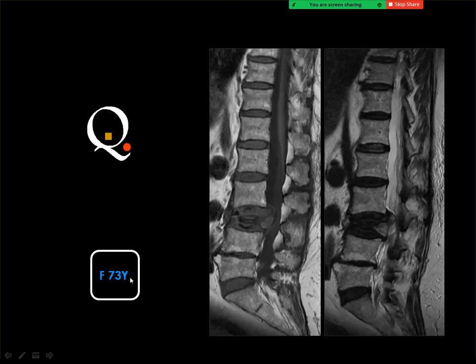Considering the patient's age, the most likely diagnosis is an osteoporotic fracture. For every patient with osteoporosis having some degree of vertebral collapse, whether mild, moderate or severe, you have to say that this is frankly an osteoporotic fracture.